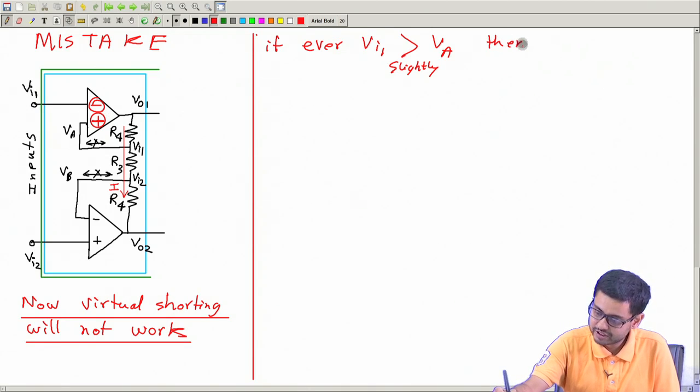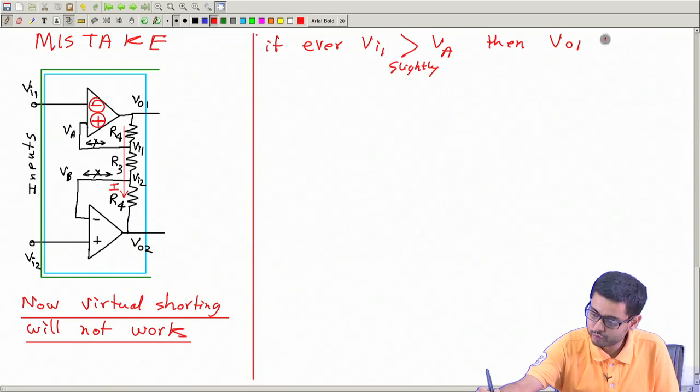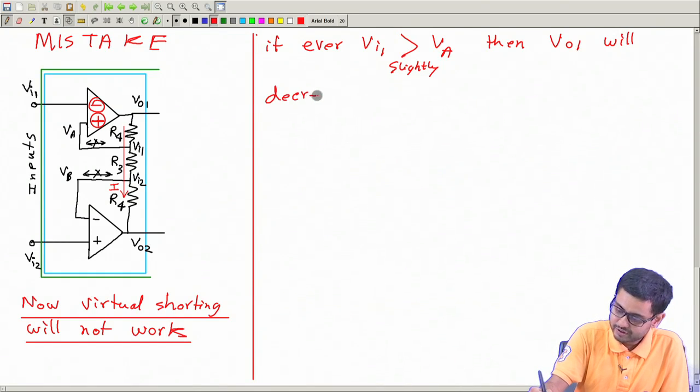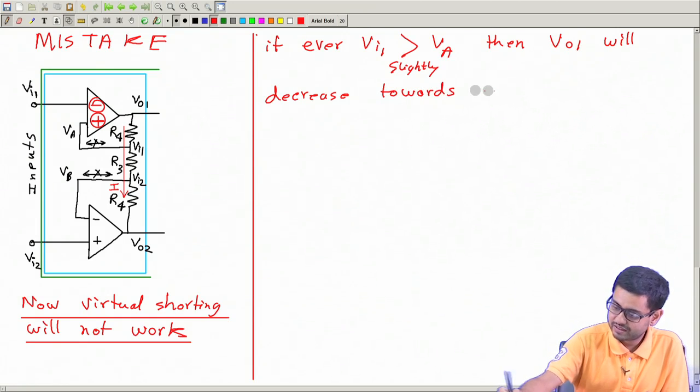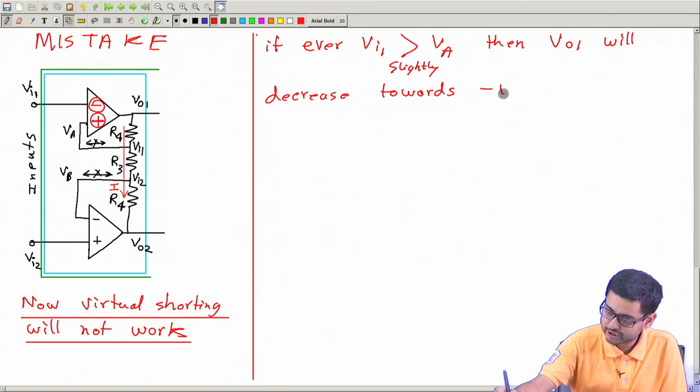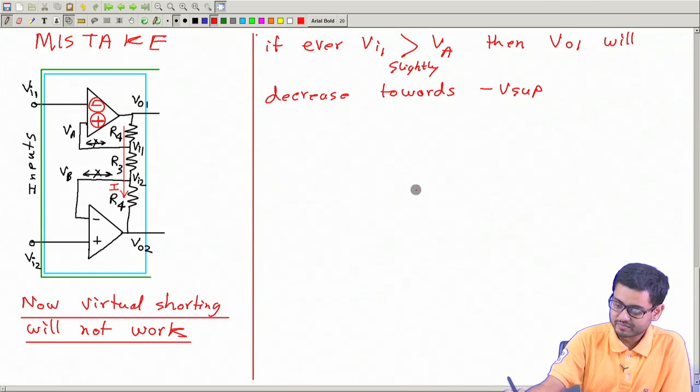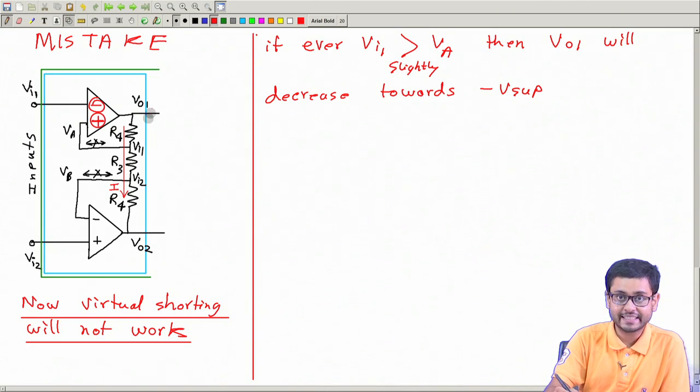Then VO1 will decrease, will go down towards minus V supply. So this value is decreasing.